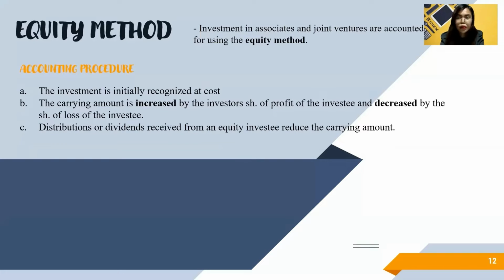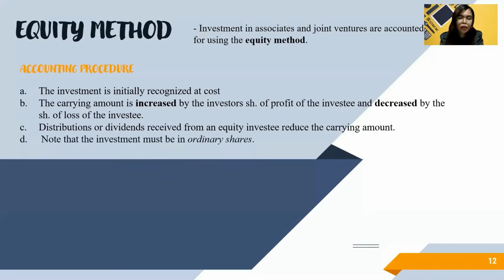Kaya sabi nga dito, distribution or dividends received from an equity investee reduce the carrying amount. Nabawasan yung value ng investment. So, hindi lang pala sa losses mababawasan ang value ng investment in associate. Take note, mababawasan din siya kapag nagkaroon ng distribution or dividend received.